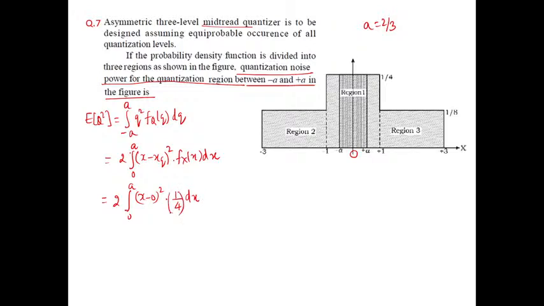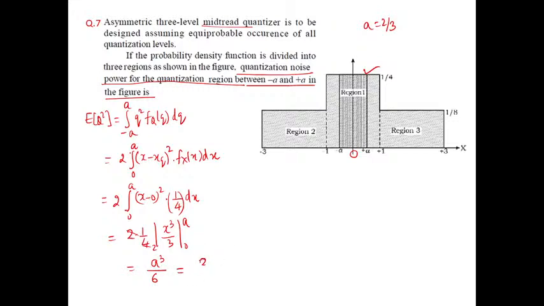From where have we obtained this 1 by 4? This is basically the height. So this is equal to 2 into, we can bring 1 by 4 outside the integral sign, x cubed by 3, 0 to a. So this is 1 by 2 into 3, 1 by 6. So this is a cubed by 6. So we can write it like this: a cubed is equal to 2 into 2 into 2.